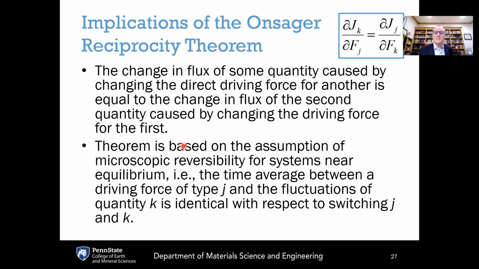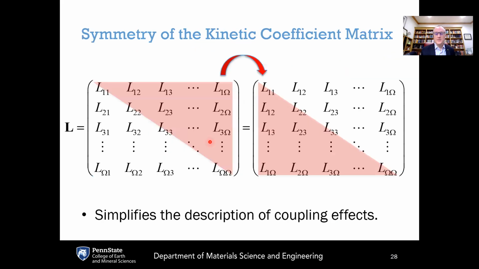In other words, the time average between a driving force of type J and the fluctuations of quantity K is identical to switching J and K. What does this mean for us in terms of our kinetic coefficient matrix? Originally we started here with L11, L12, L13, and then moving down, we'd have L11, L21, L31.